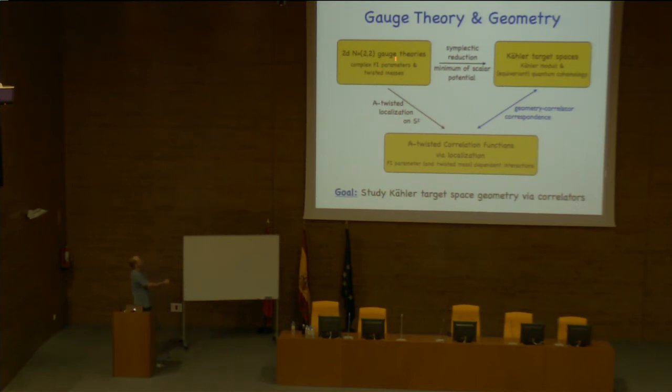In any event, by studying these Fayet-Iliopoulos parameters, we can study quantum cohomologies of these spaces. What I would like to tell you today is that if you compute these A-twisted correlators, there's a nice correspondence between quantities in these cohomology groups and what these correlators mean.